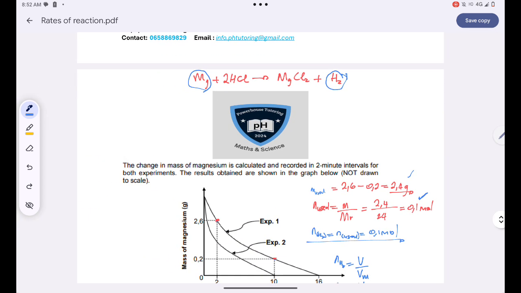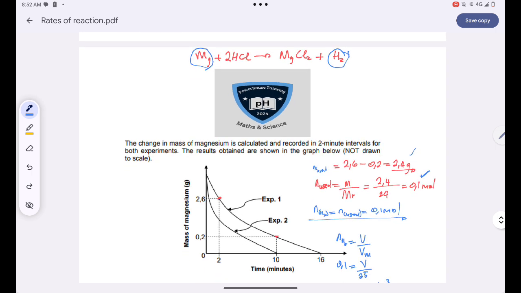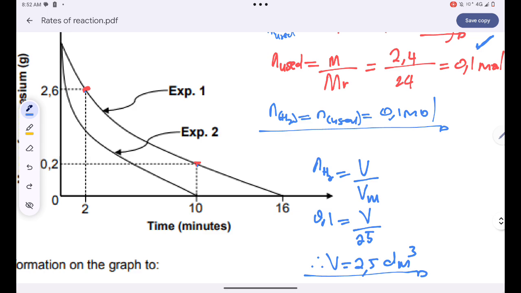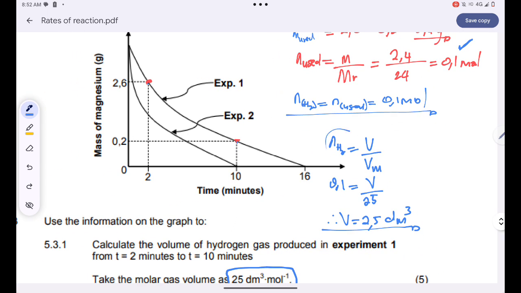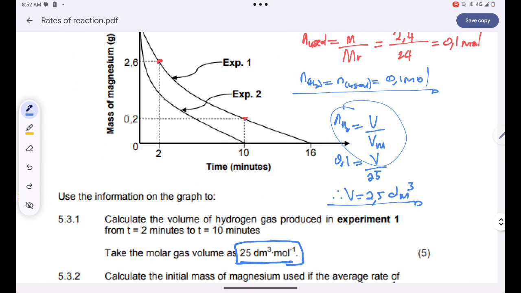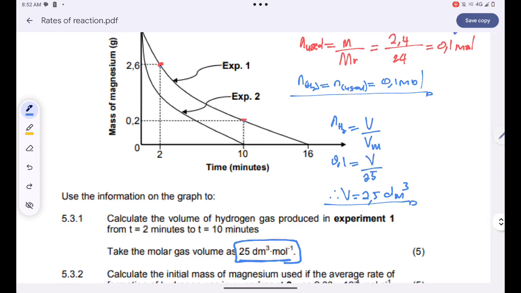And since the ratio is just 1:1, the number of moles of magnesium that I will use will be equal to the number of moles of hydrogen that will be formed. After finding the number of moles for hydrogen, I then use this formula to calculate the volume. And then I got the volume of 2.5 cubic decimeters.